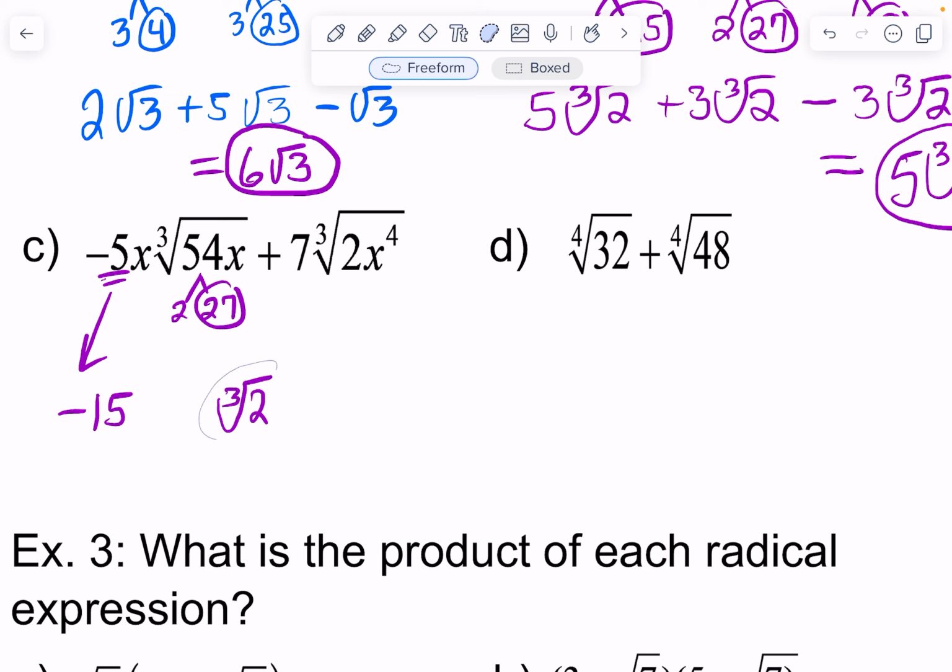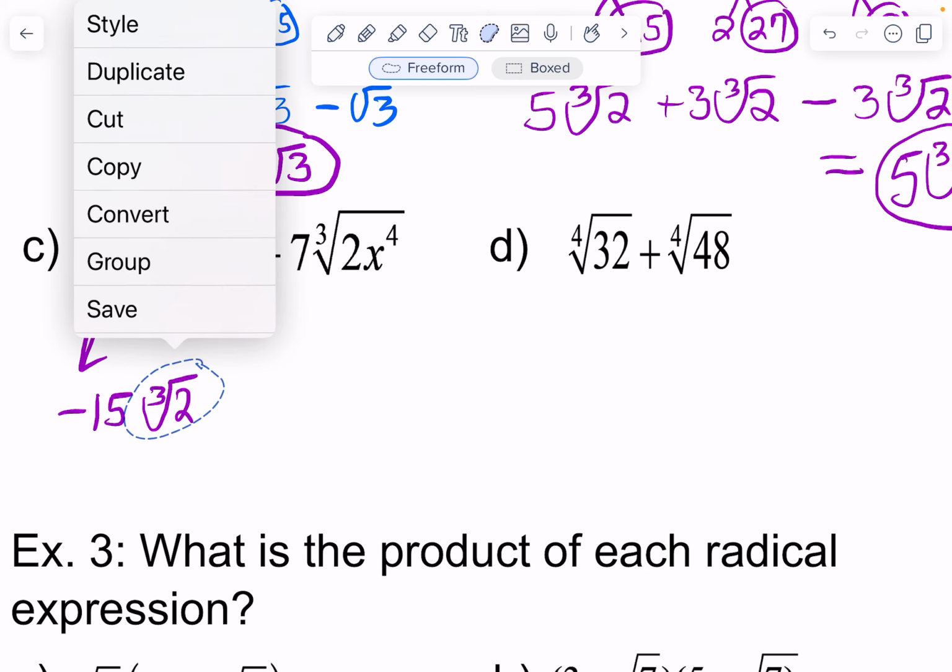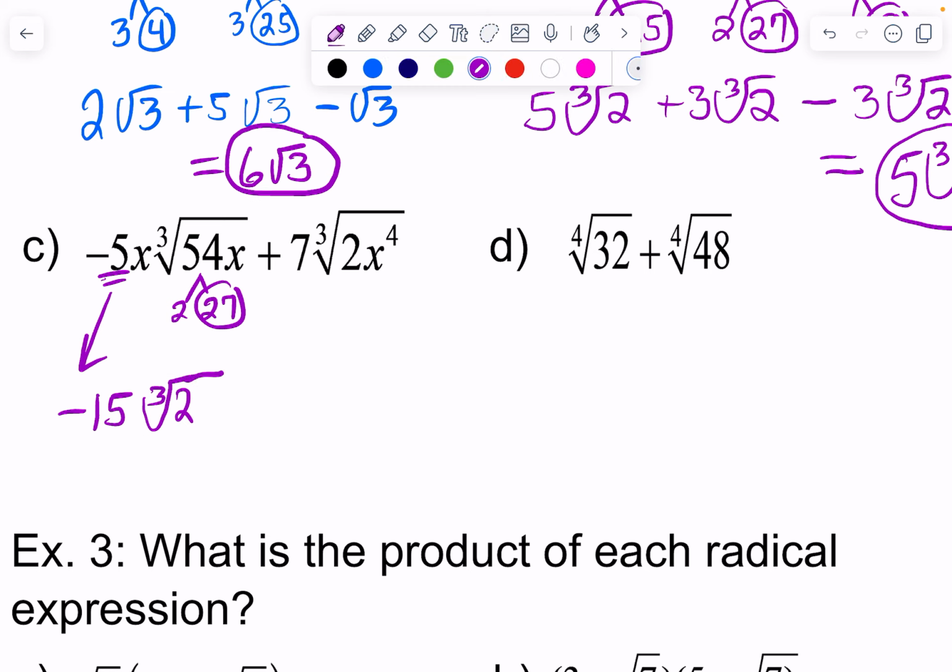I only have one x in a cube root, so I can bring that next to it, and that x inside the cube root stays the same. Over here on the second one, I've got 7, okay? 2, I can't take out a 2 from the cube root, but 3 goes into 4 one time, and I have 1 x left over.